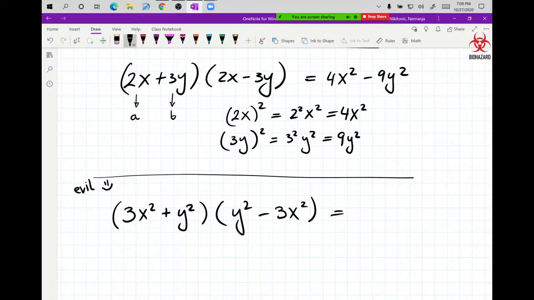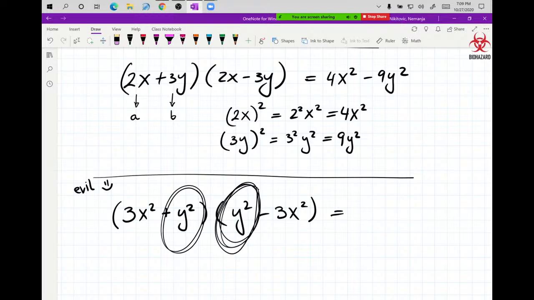So, what is weird about this problem here? Like inverted, kind of. Yes. See that over here y squared is first, and over here y squared is second.